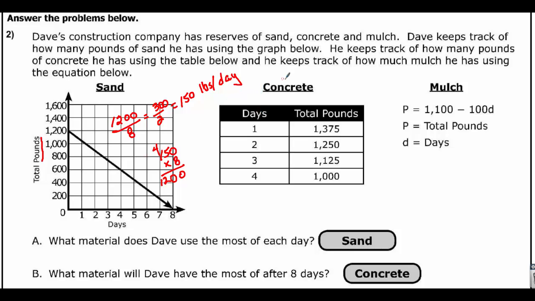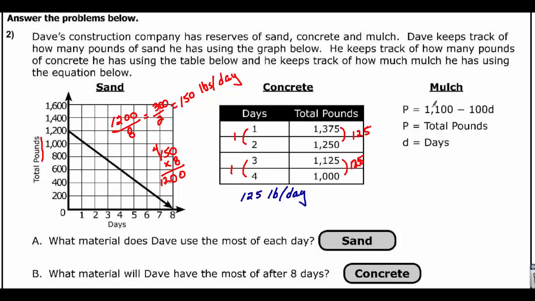How about the rate that we're using concrete? Okay, so we're using concrete. Here's a change of 1. Here's a change of 125. Here's a change of 1. Between 3 and 4, a change of 1. Between here, a change of 125. So concrete is being used at 125 pounds per day.